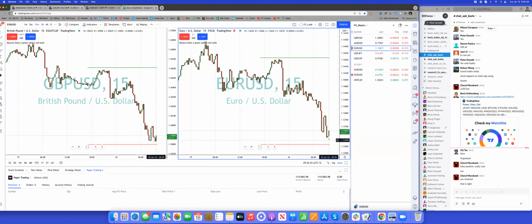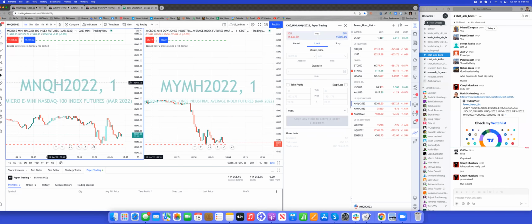This would be level 3 if I was trading this. So we've got two possible trades in FX, which is maybe the only trades we're going to get here. Let's give it a shot. We've got about 3 minutes left. We can come back to this, but let's mark the euro and the pound as our potential trades on the FX side, while we watch the NAS and the Dow.